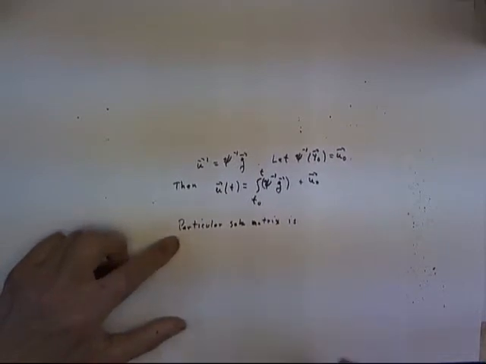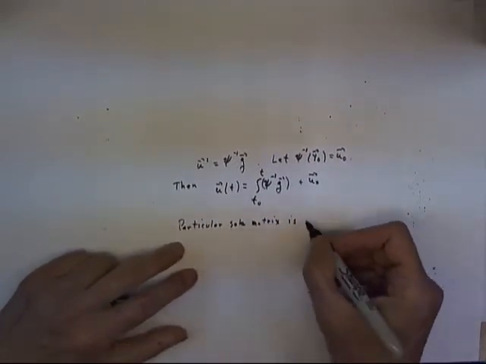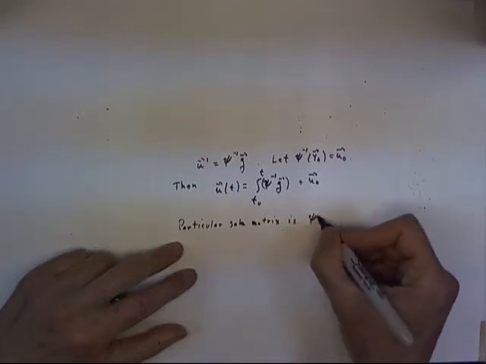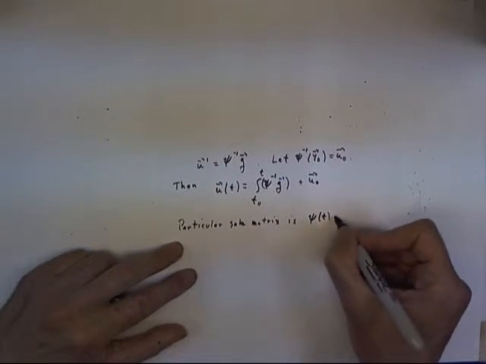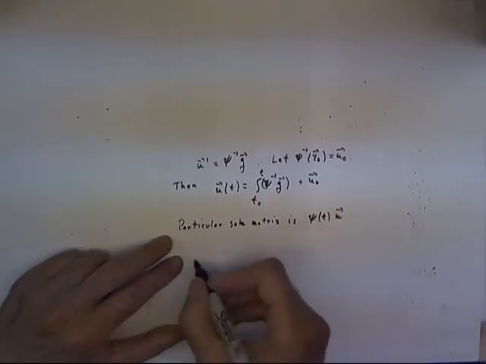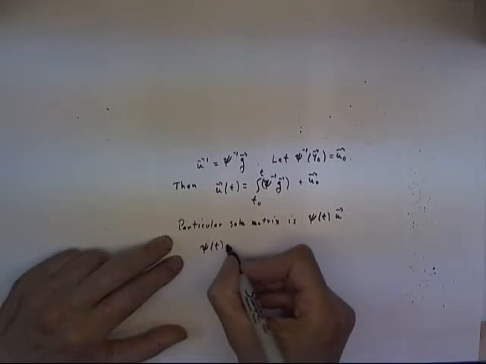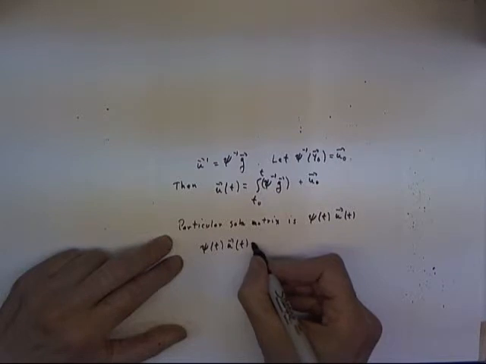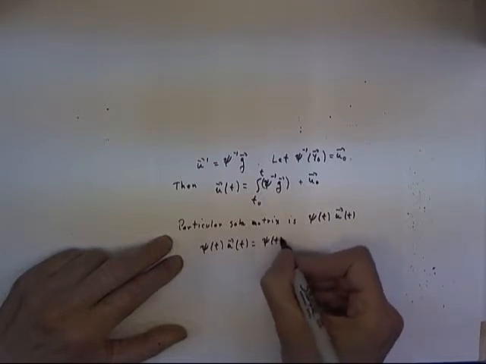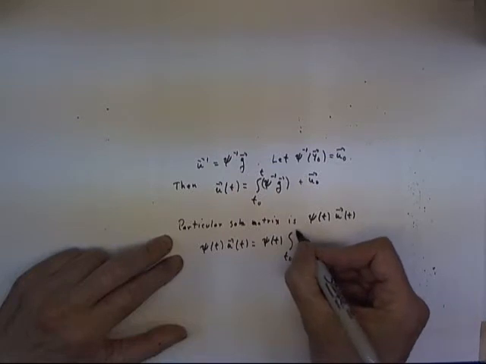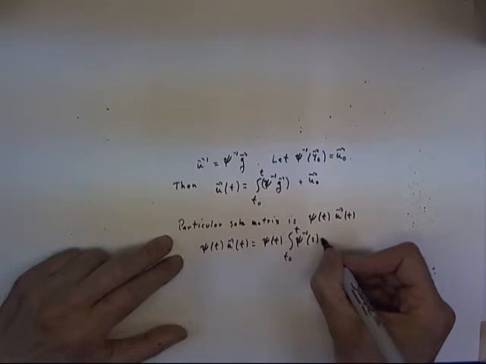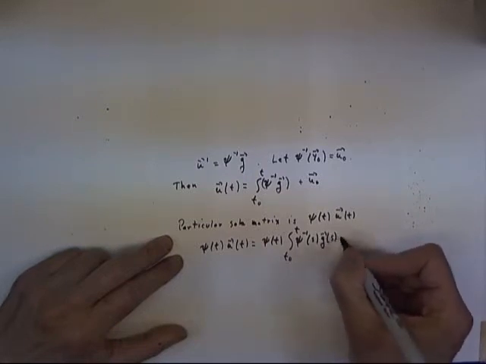Now, you recall the whole assumption behind this, and that was done fairly recently, so hopefully you still have it in mind. The particular solution is psi of t times u of t, and u of t now is psi of t times the integral from t naught to t of psi inverse of s, g of s, ds. I'm using s as a dummy variable now, just to flesh things out.